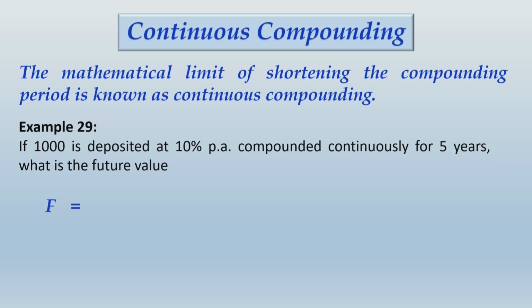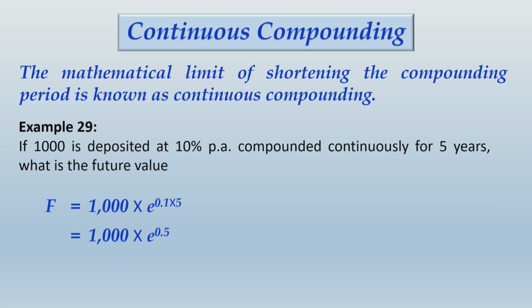You know how to compute future value in the case of continuous compounding. So F equals 1000 into e raised to 0.1 into 5. See, e raised to rt. r is 0.1, t is 5 years. So it will be 1000 into e raised to 0.5. How to compute e raised to 0.5? I have already explained.